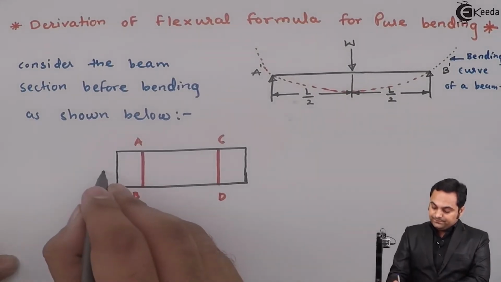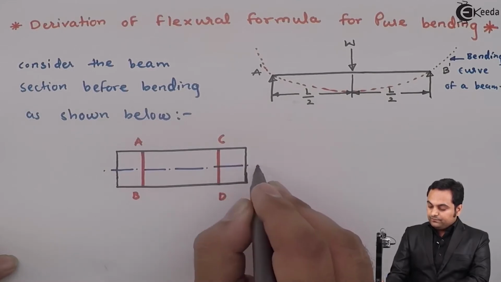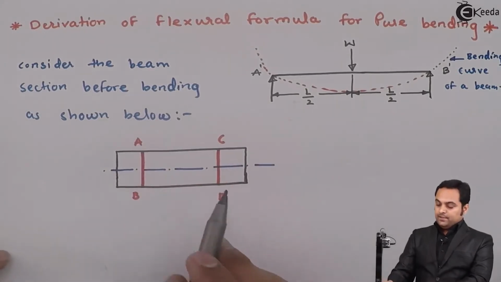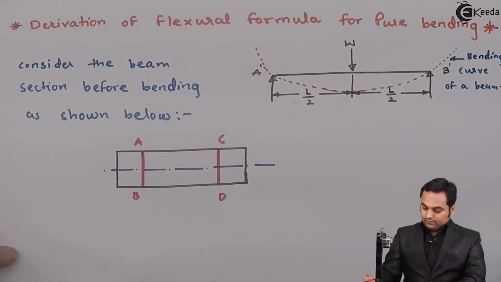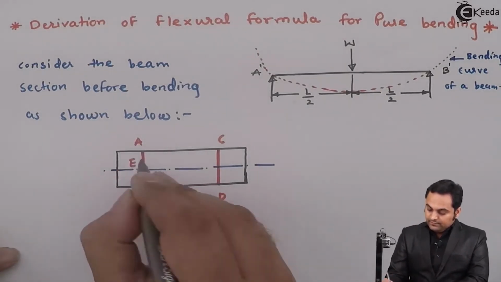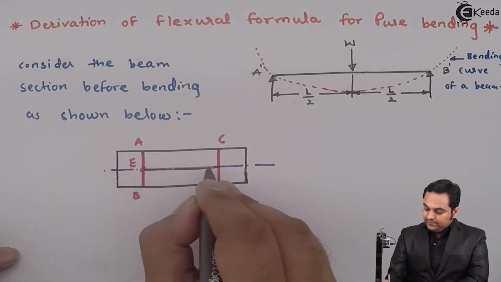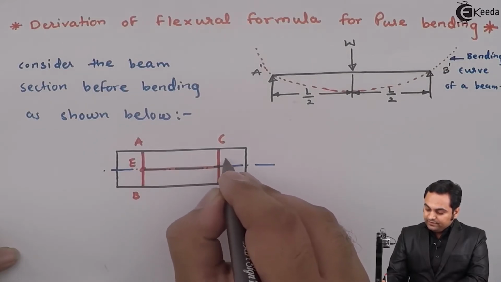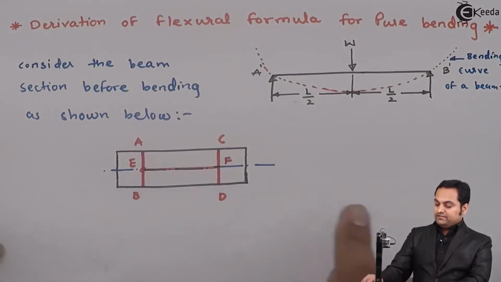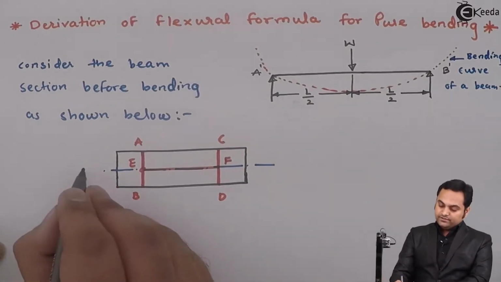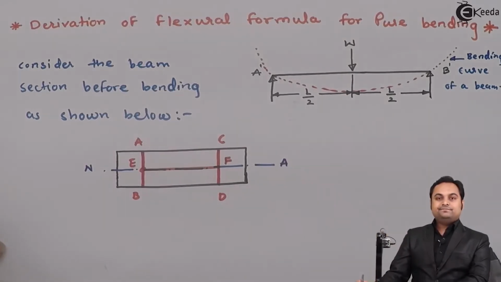Next, here I am drawing the center line for this beam. Now on this center line I'll mark a layer joining AB and CD, and this layer is called EF, and the central axis passing through the beam is also called the neutral axis, denoted by NA.